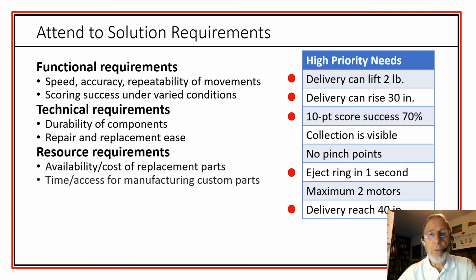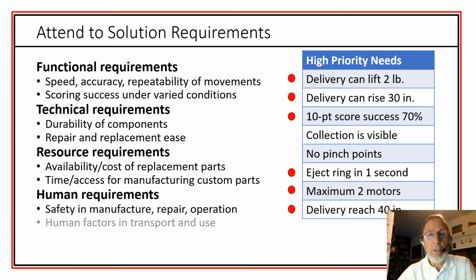What about the resources that are consumed in this design? Have we chosen the right materials, parts that are available and cost-effective? What about those that we're going to be manufacturing? Do we have adequate time and access to equipment for manufacturing and custom parts?